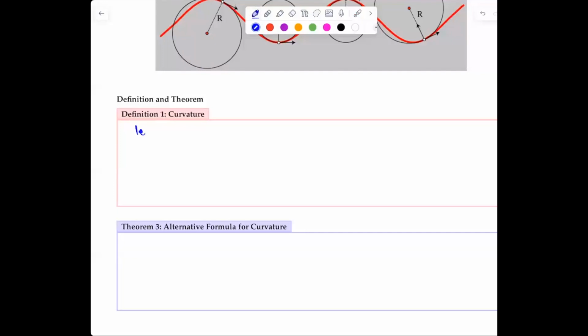So let the fancy C be a smooth curve in the plane or in space, given by r of s, where s is the arc length parameter.